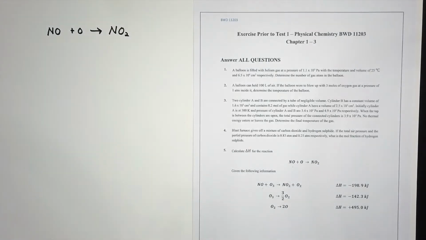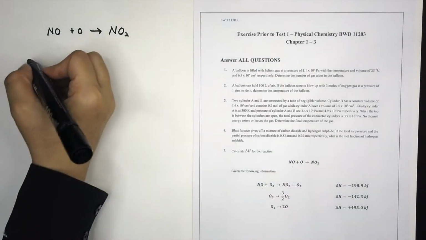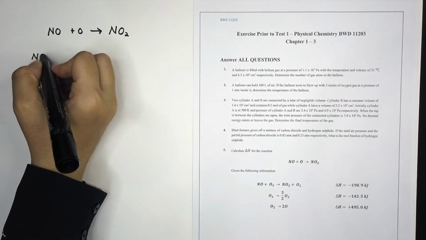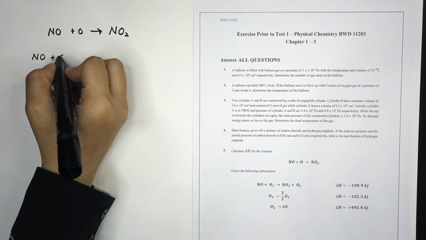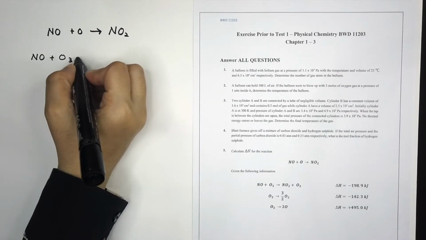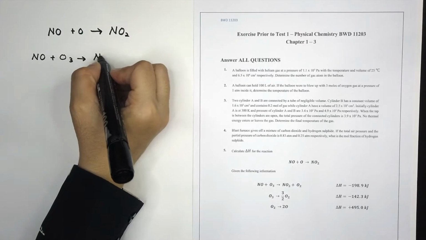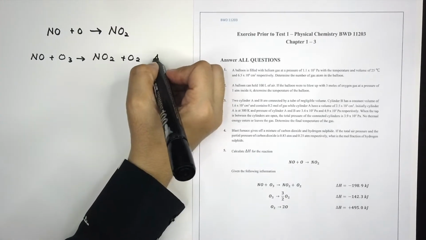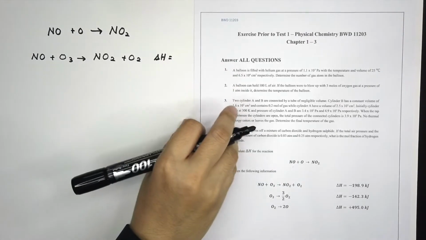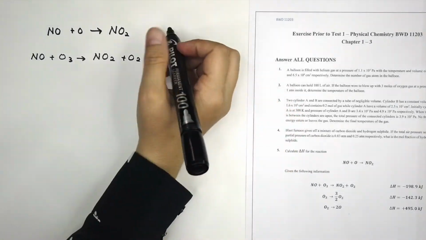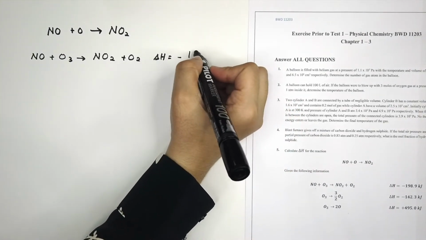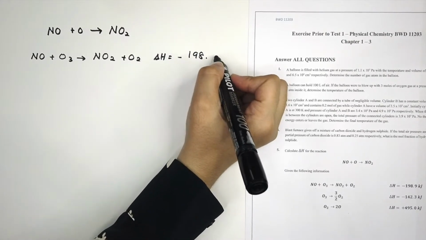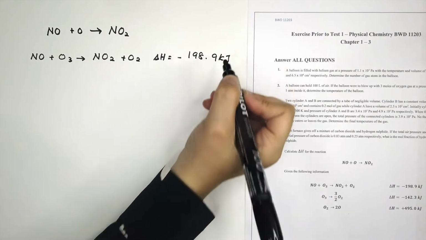So given to you are three different equations, which is NO plus O3 will produce NO2 plus O2, whereby the delta H is equivalent to negative 198.9 kilojoule. Right.